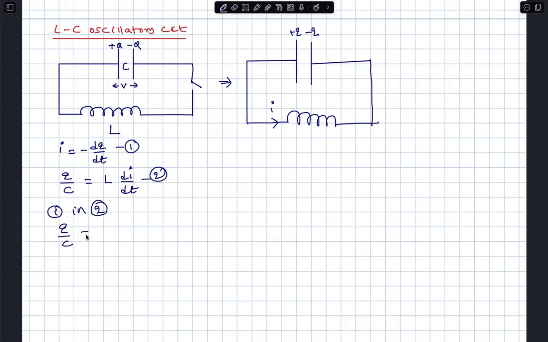We will get Q by C is minus L d square Q by dt square, which in turn I can write as d square Q by dt square plus Q by LC is equal to 0. d square Q by dt square plus omega square Q is equal to 0. This is in this form.